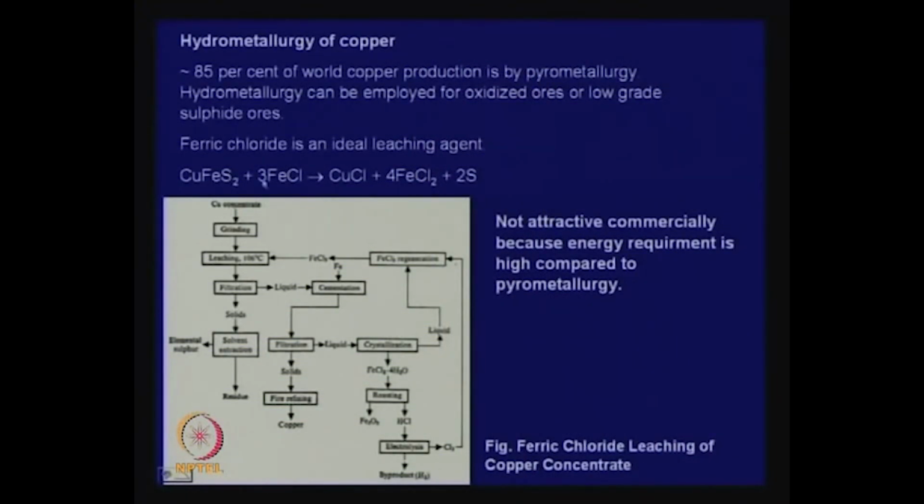Now, 85% of the world's copper production is by pyrometallurgy, and of that I think the most is by the conventional route. Of course, using flash smelters, the middle stage is now more common.